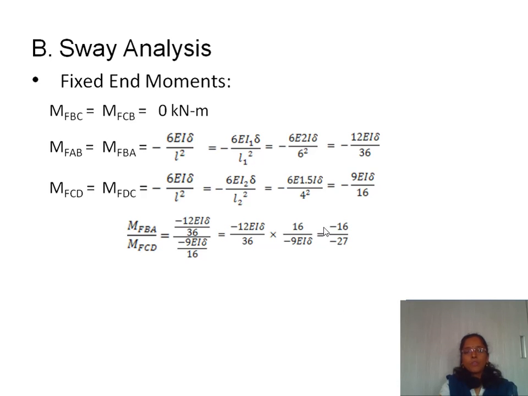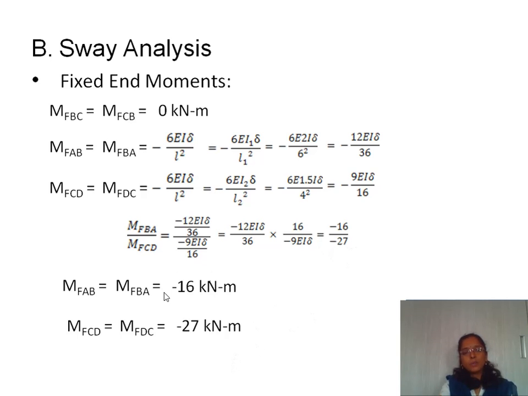If you simplify it, this is minus 16 by minus 27. So therefore MFAB and MFBA will be equal to minus 16 kilonewton meter, and MFCD and MFDC will be equal to minus 27 kilonewton meter. So let us substitute these values in the distribution.